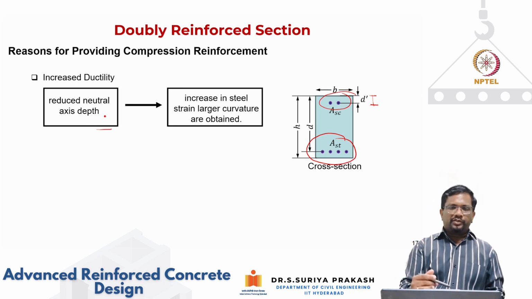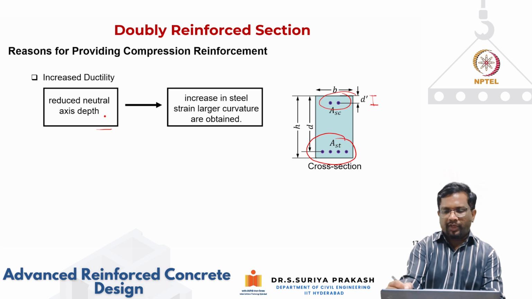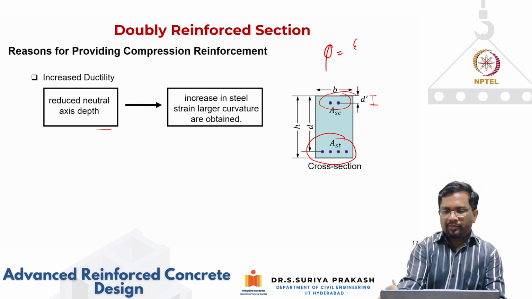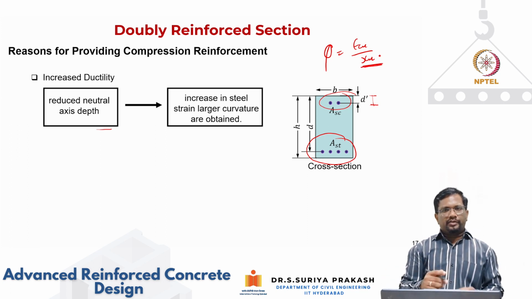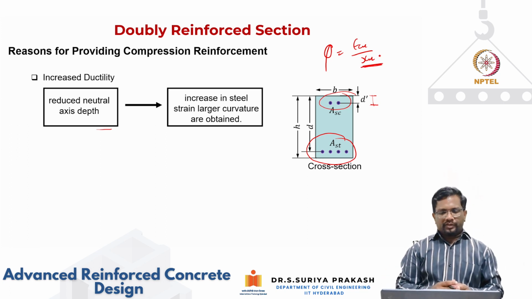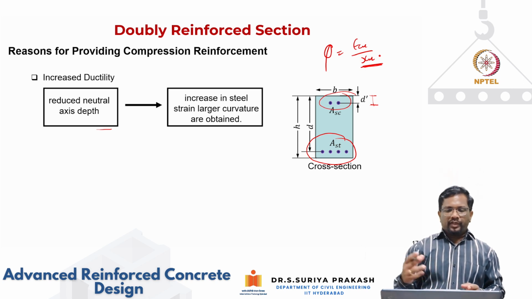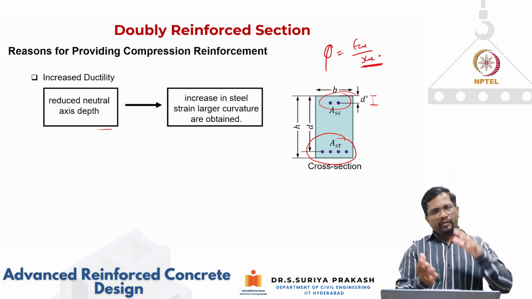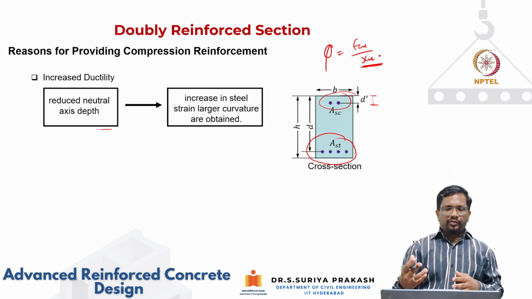Then when you have less neutral axis depth, because if you go back, curvature is nothing but epsilon cu by xu, that's what we have done. If your neutral axis depth is less, then you end up with more curvature at failure. So in this way, by adding compression steel, with less neutral axis depth, you can achieve the force equilibrium.